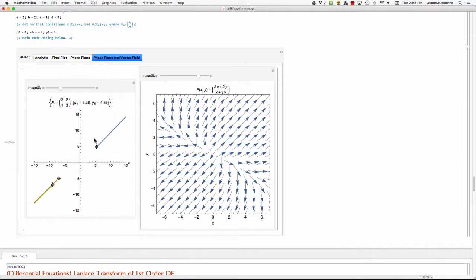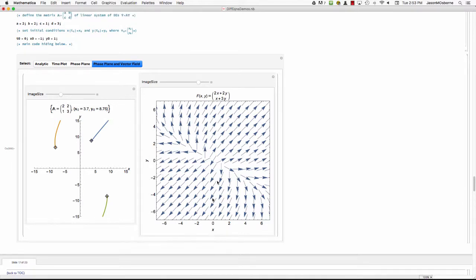And any initial condition you pick is emanating, going away from those equilibrium. So specifically for the initial condition negative 1, 1 here, you can see our solution, this orange one here will go away, and both x and y will go to positive infinity.